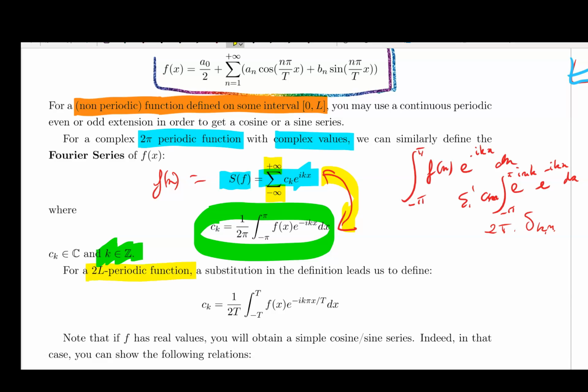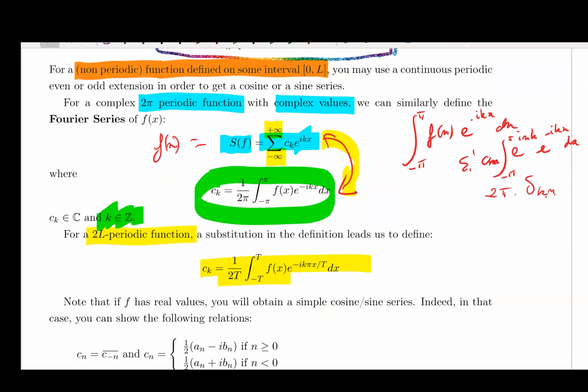For a 2L periodic function, that's the formula you will get. So don't worry for the tests in general. I will remind you of the formulas, but it's good to have an idea exactly what they look like when you have to divide by 2L, whereas you've got the L inside of the exponential. So that's it for the complex series.